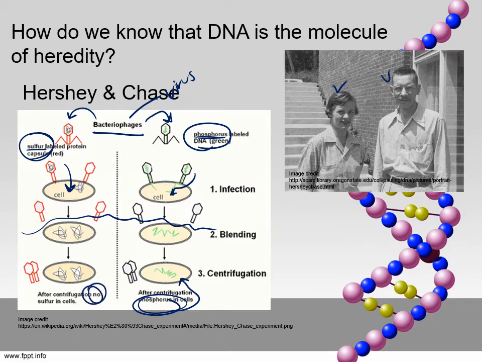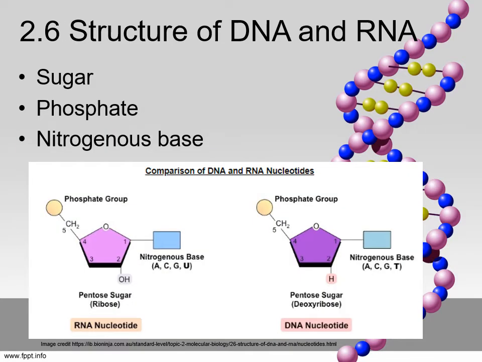There was no radioactive sulfur inside the bacteria cells, which allowed us to understand that DNA was what got into the bacteria cells to make them sick. It wasn't the protein. So Hershey and Chase determined that DNA is the molecule of heredity.